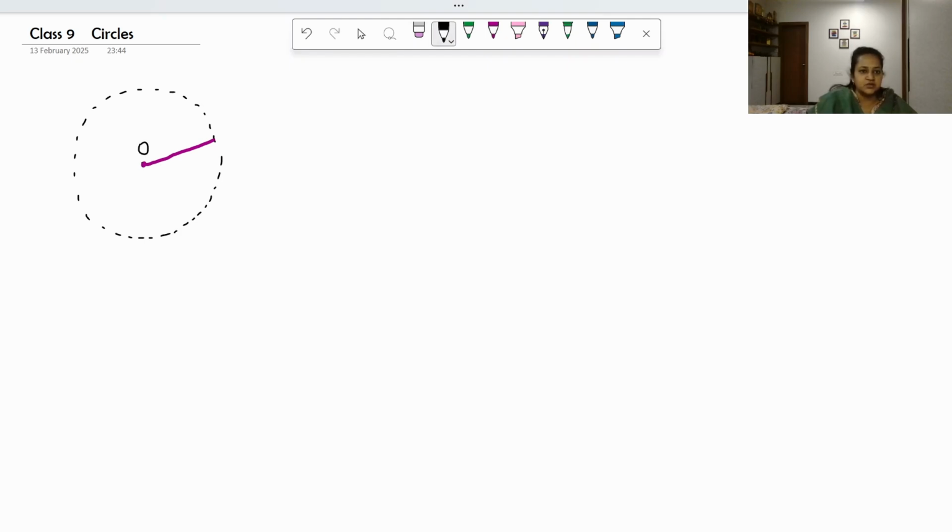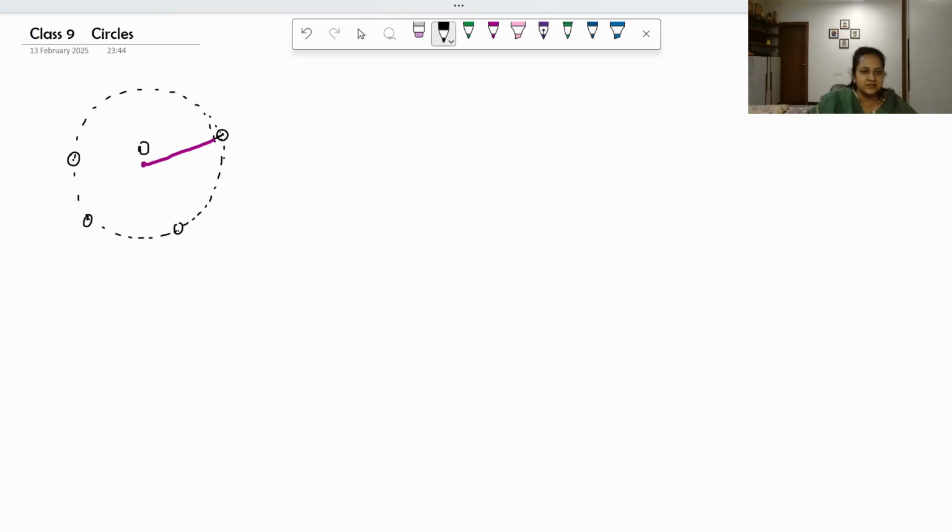The fixed point is called the center of the circle, and these points are on the circle. The distance between the center and any point on the circle, you can take any point on the circle, is called the radius of the circle. So what do we say?